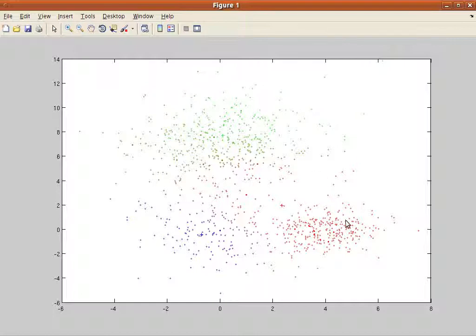For data points like this, they are very certain to belong to the red cluster, but here it's not sure whether it belongs to red or green.